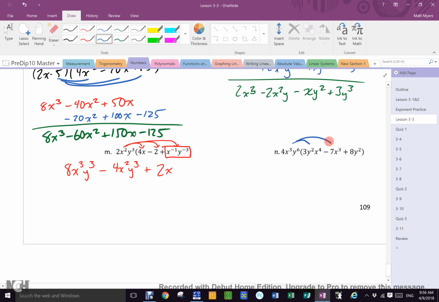Now we have to do 3 of these. What's the first one? 12x to the 7th, y to the 8th. See how I messed up the order there? Didn't fool Marley. Minus what?